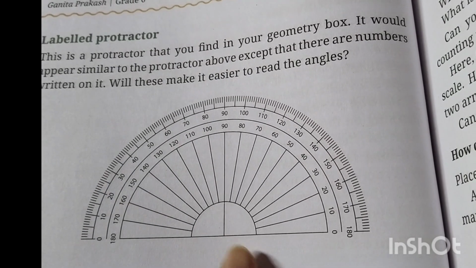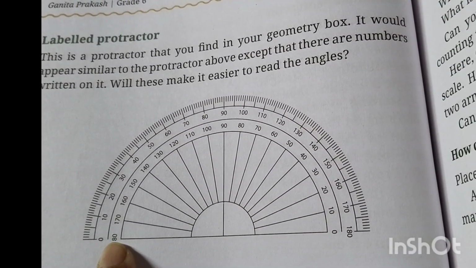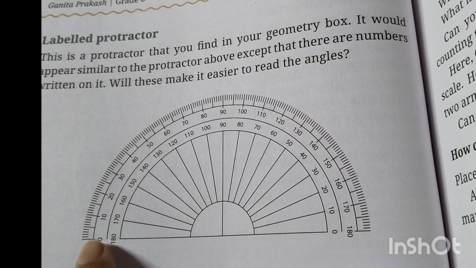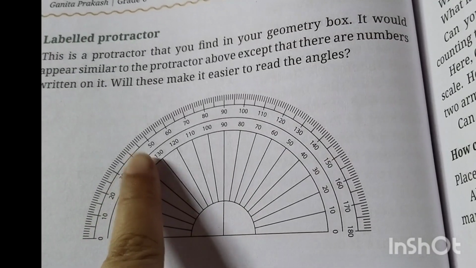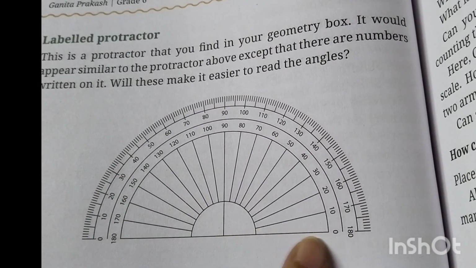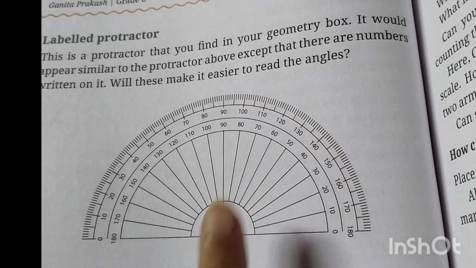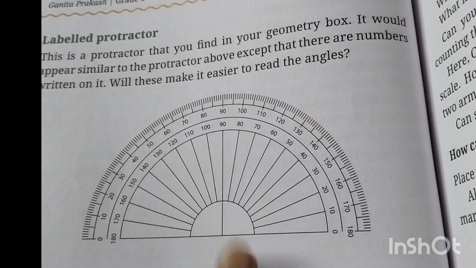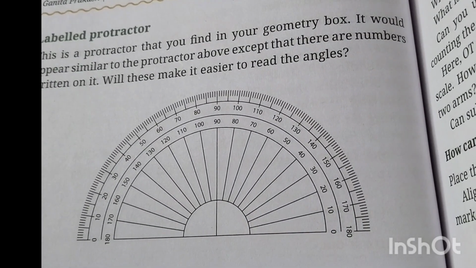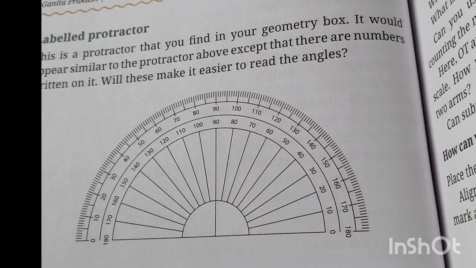Because if we have to place the zero line on a ray from this side, then we start counting from 0 here, and if the ray is on the other side, then we place the protractor like this and count from 0. That's why we have numbers on both sides. Two sets of numbers are there.